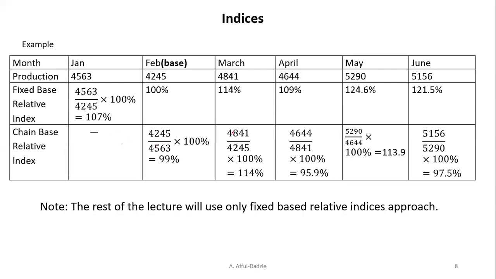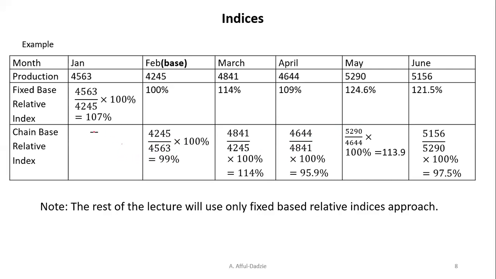If I come to March, then February becomes the base period for March. Which means that I am comparing March with February, and it goes in that order. So here you notice that the base value, the P naught, the base prices, keep changing. They are not the same.